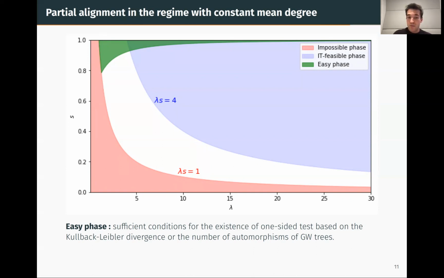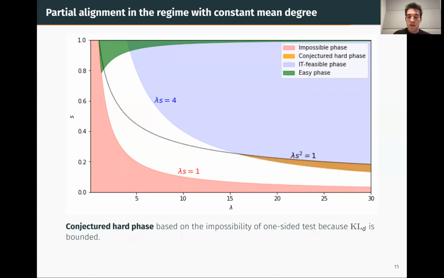However, we also exhibited what we call a conjectured hard phase. Namely, under the condition lambda s squared less than or equal to 1, we were able to show that one-sided testability in the tree problem fails because the Kullback divergence is bounded.